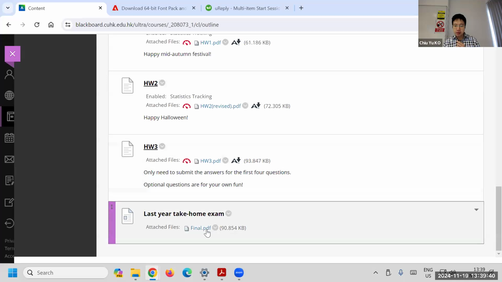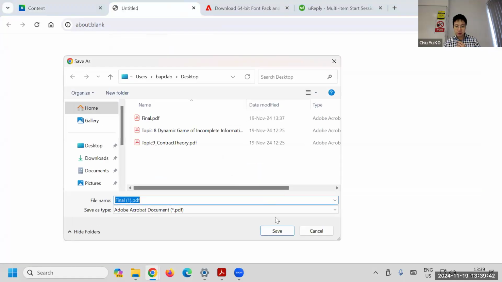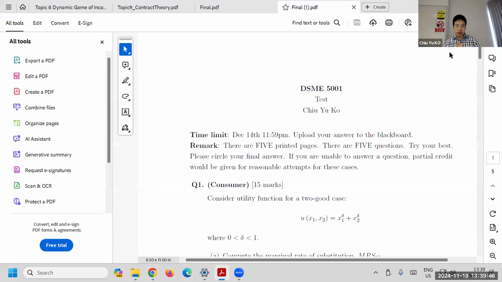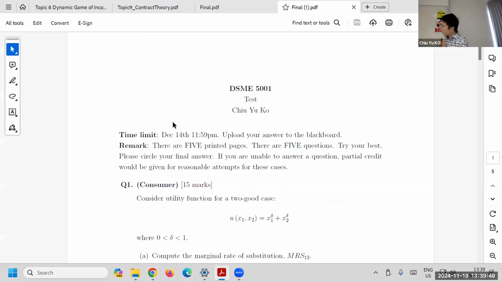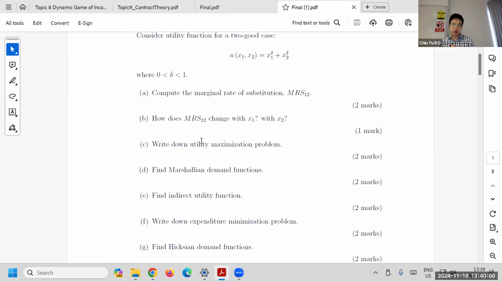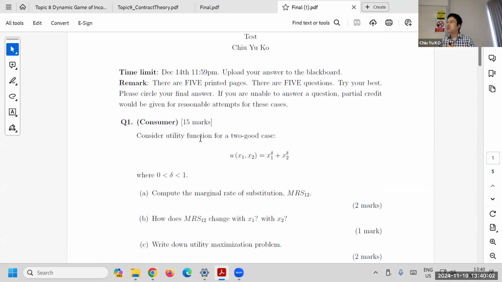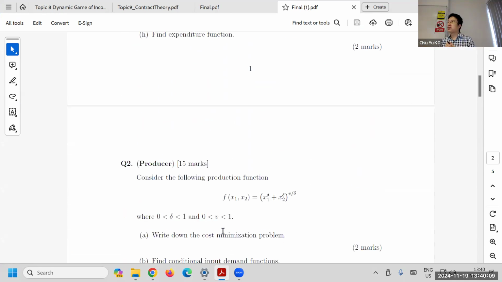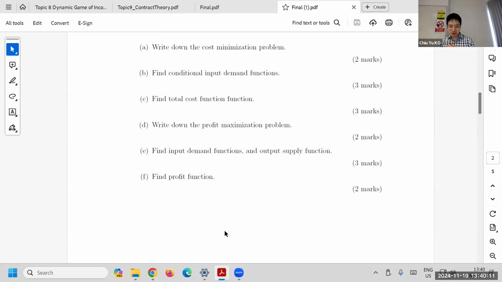Last year's take-home exam, so you can check what I asked last time. But as general practice, I'm not releasing any solution to that one. But I think you can easily figure out the solution by yourself. Shouldn't be something too difficult. Or you can ask last year's students. I think most of them were correct. So you ask them what they answered, and that will be your solution.